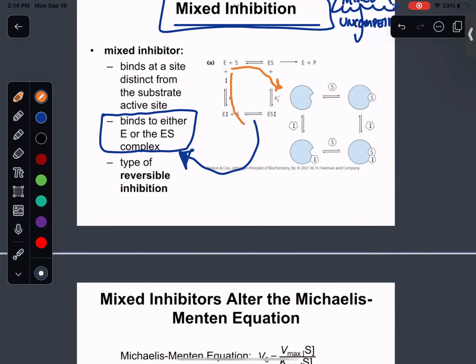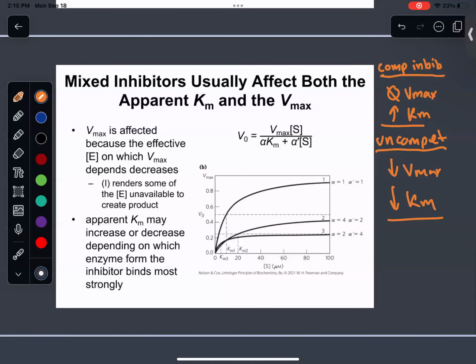Are you guys following me so far? Yes. Okay. So think of mixed in terms of a mix of competitive and uncompetitive, at least in terms of what route the inhibitor takes. It's going to take one or the other, and depending on which route it takes, based on the affinity, we'll know what happens to the Km.